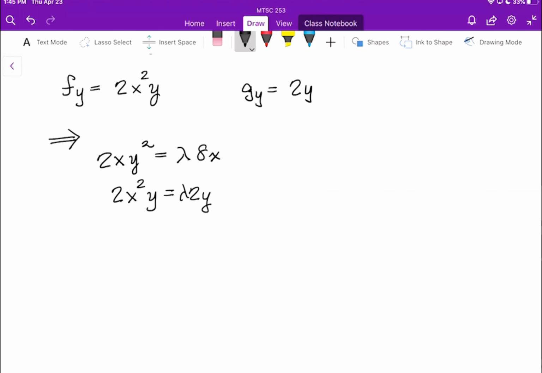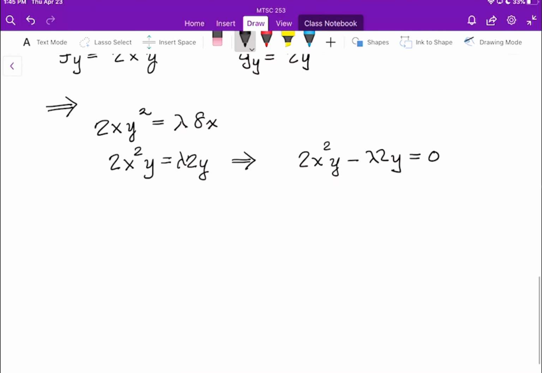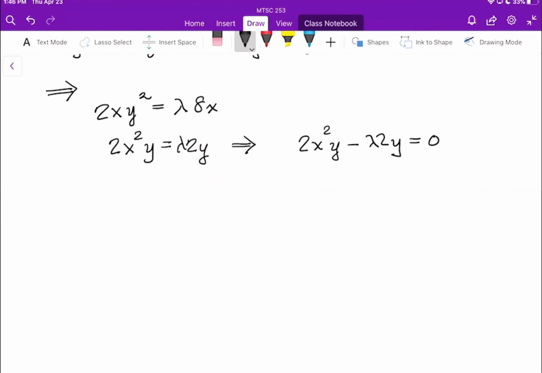So I can do either equation, whichever one works for me. I like the second one, so I'm going to start there. So I get 2x squared y minus lambda times 2y is equal to 0. So I'm going to factor out 2y.